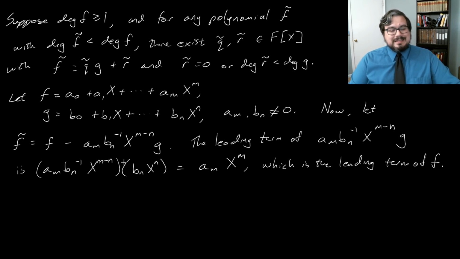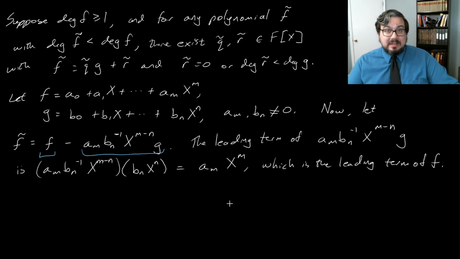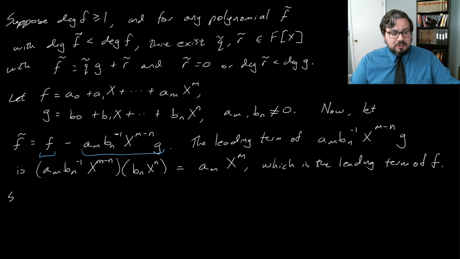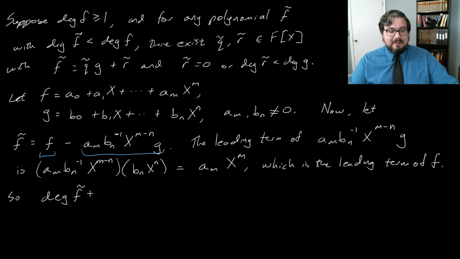So, since we're taking the difference of two polynomials that have the same degree and have the same leading term, the degree of that difference must drop. So that means that the degree of f tilde must be less than m, which is the degree of f, because we subtract these two polynomials.